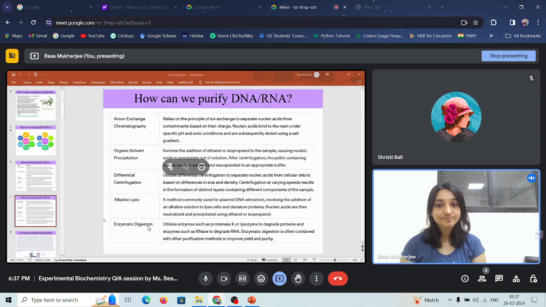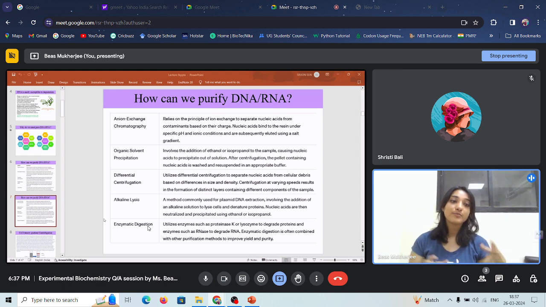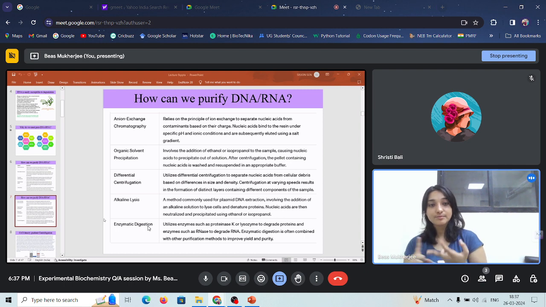Enzymatic digestion. This utilizes enzymes such as proteinase K. Proteinase K is an enzyme which goes and cleaves proteins. So this is how you separate the nucleic acid from the contaminating impurities, right? Be it protein, be it lipids, be it polysaccharides, you use enzymes to remove them.